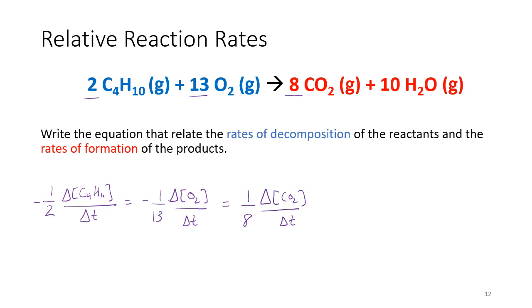And that's positive now because now we're working on the product side versus before we were looking at reactants.